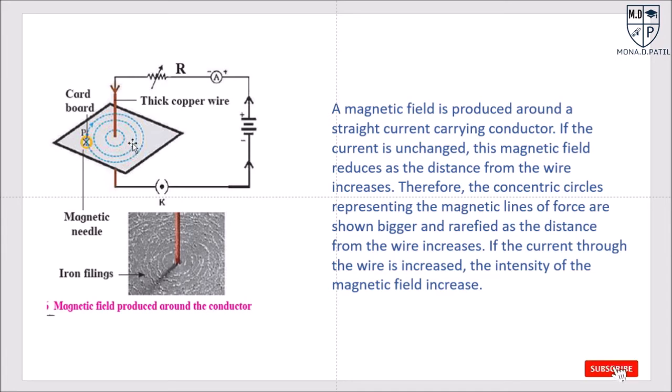Therefore, the concentric circles representing the magnetic lines of force are shown bigger and rarefied. As it goes far away, it becomes bigger and bigger, and rarefied as the distance from the wire increases. If the current through the wire is increased, the intensity of the magnetic field also increases.